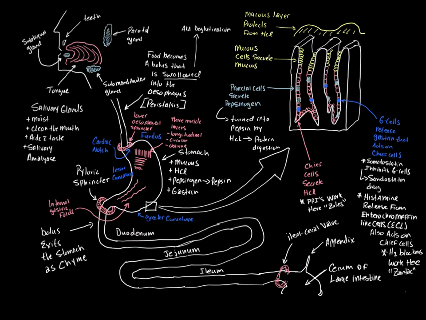To protect it from acid, specifically hydrochloric acid. Okay? Why is there hydrochloric acid in your stomach? That helps break down the food, and hydrochloric acid has another very important role that we'll talk about here in just a couple minutes.